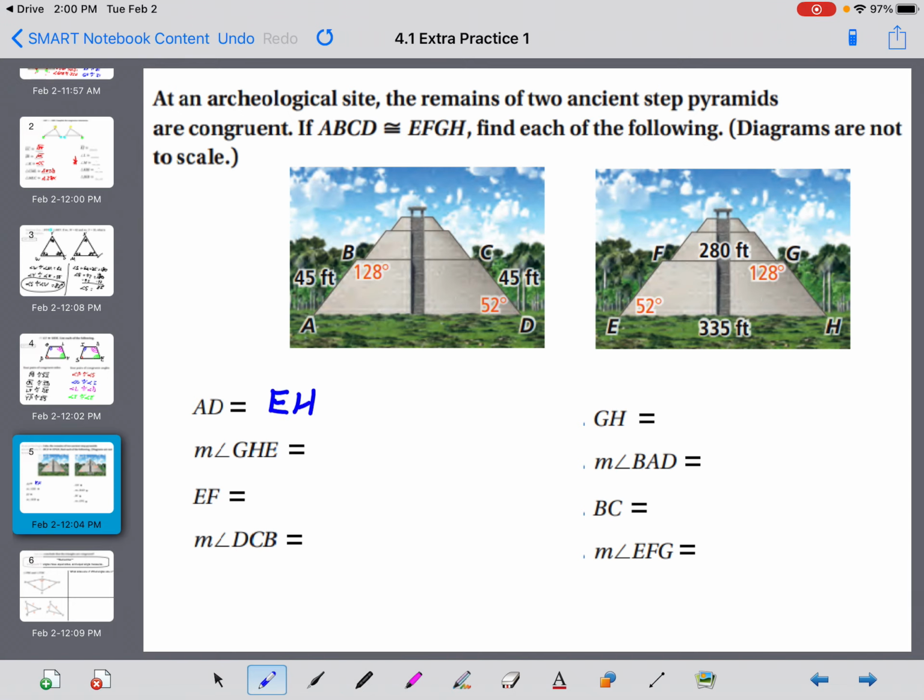The measure of angle GHE. Well, here's GHE, right, is congruent to angle CDA. Okay, now we have EF being congruent to AB.